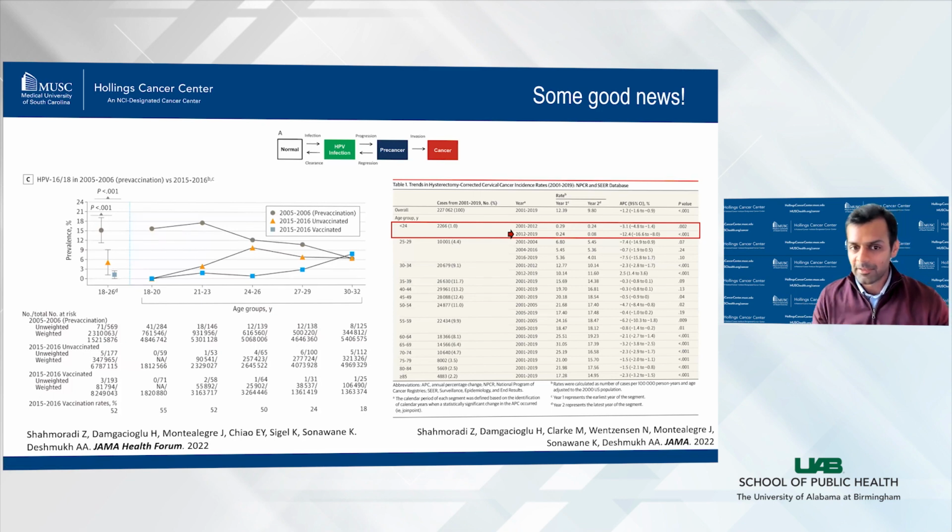So as we can see, there is a greater potential for cervical cancer and cervical HPV prevention as a result of HPV vaccination. And it's likely that the benefits we are seeing among the youngest age groups, women in their 20s, will translate to women in their 30s and 40s in subsequent decades.